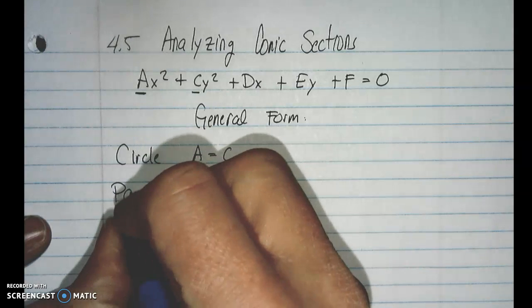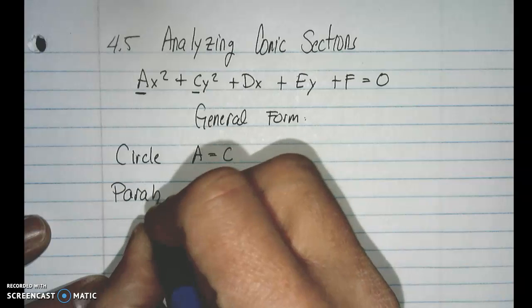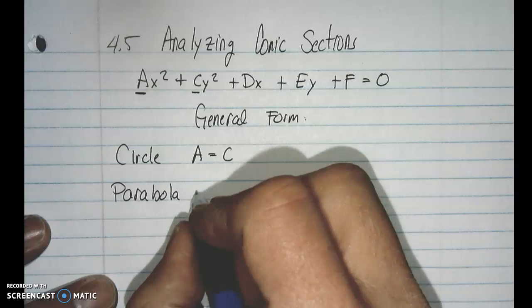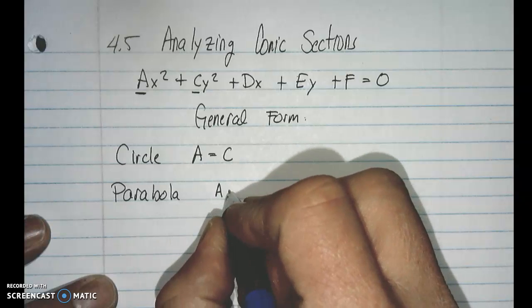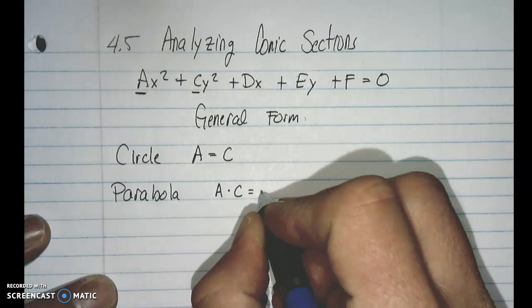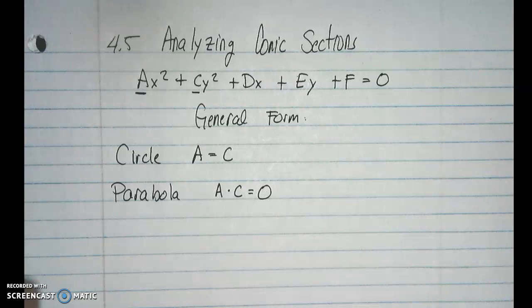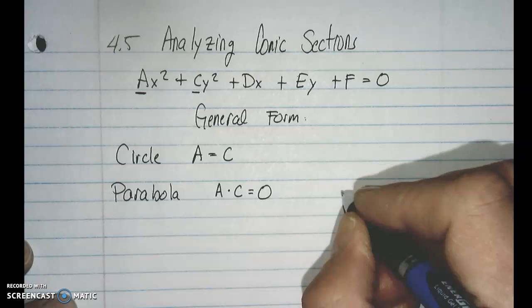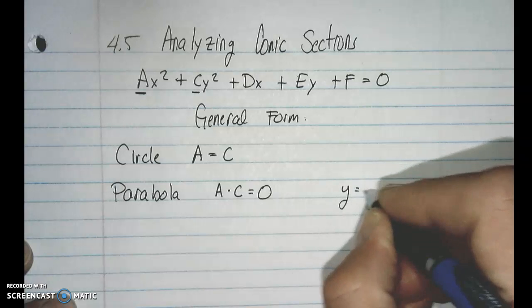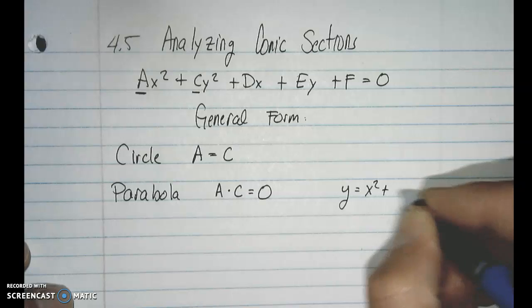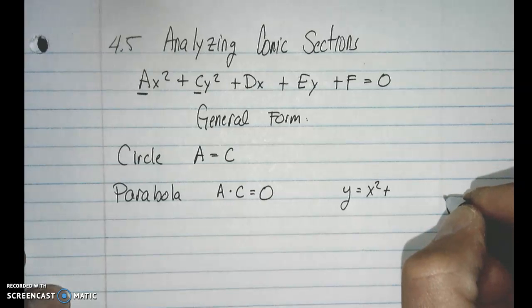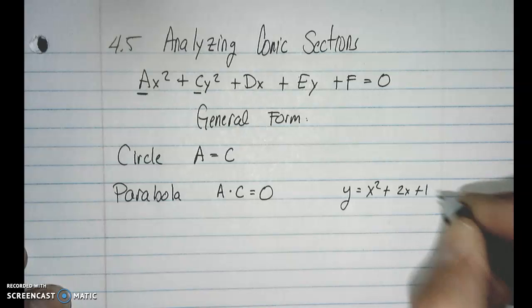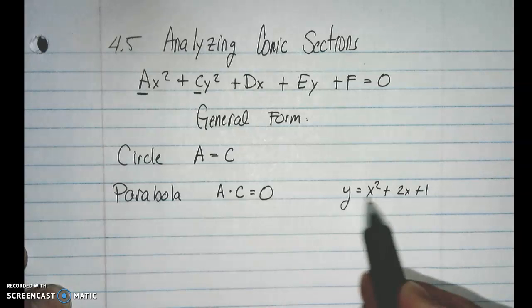All right. Now, for a parabola, A times C is equal to 0. Now, if you think about it, whenever we do a parabola, we have, say, y is equal to x squared plus something, right? So if I did just a general 2x plus 1, is there a y squared?